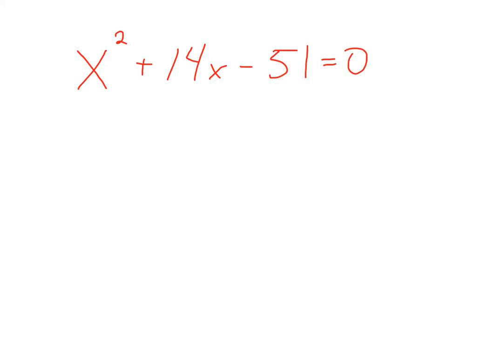When we complete the square, we want this portion on the left side of the equals, and this needs to go over here. This is prepping for doing circles. So I'm going to add 51 to both sides.